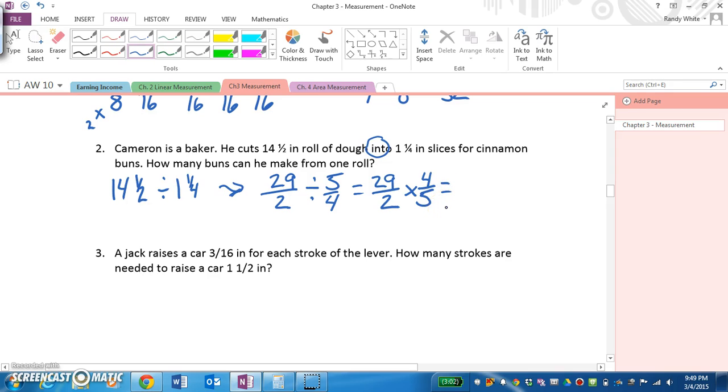So 29 times 4 is 116, and 2 times 5 is 10. So 10 goes into 116 11 times, and I've got 6 left over out of the 10. So not quite a whole cinnamon bun. So Cameron can make 11 buns.